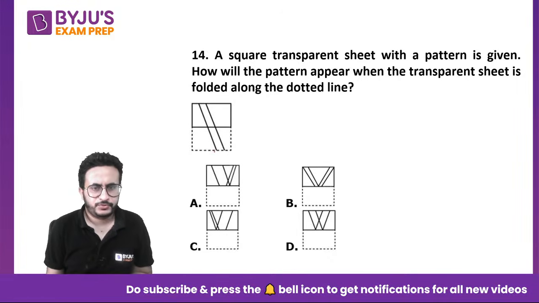Simple, right? So when you take it up, this line will intersect with this line and this line will come here. Okay, so the shape will look like this, a W shape.